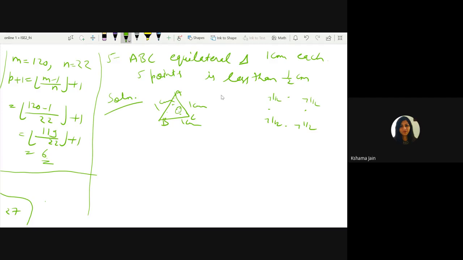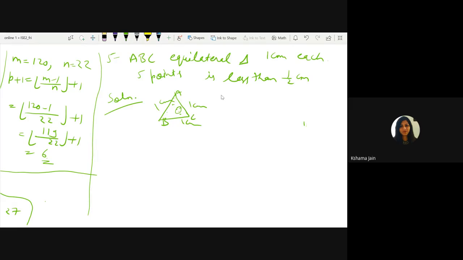Definitely it would be near to some other point, so that its distance would be less than half centimeter. So that's why the question is, prove that at least two of these points are such that the distance between them is less than half centimeter. It means it's not possible to put all 5 points at a distance more than half centimeter from each other. You understand like this. Okay, for an equilateral triangle of 1 centimeter each. This is the question. Understood this thing?